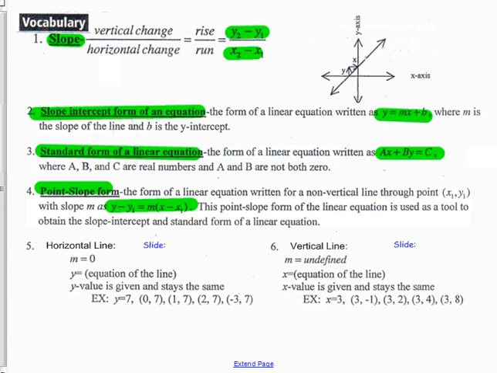You'll see it when we start working on the algebra. And finally, a horizontal line is the y equation of the line, and the slope is 0. A vertical line is undefined. That's the x equation of the line.